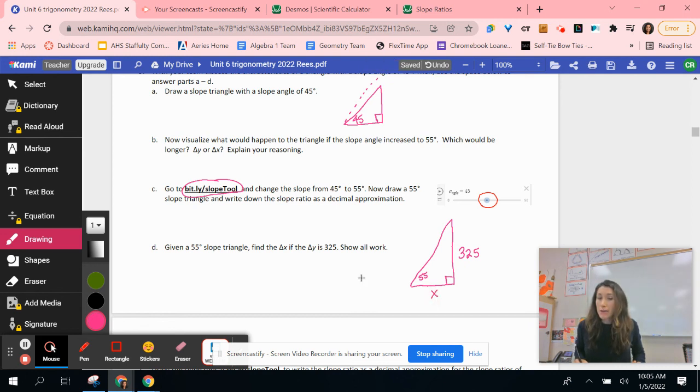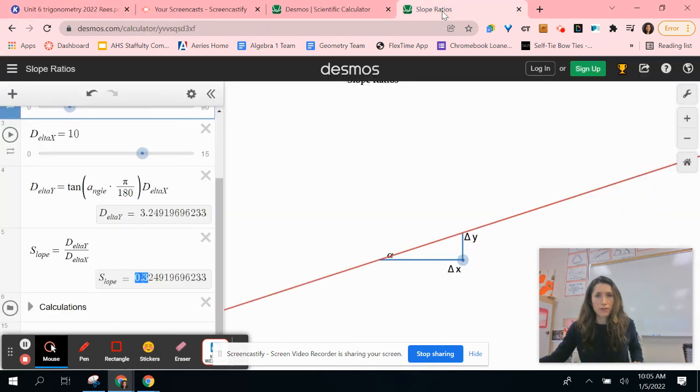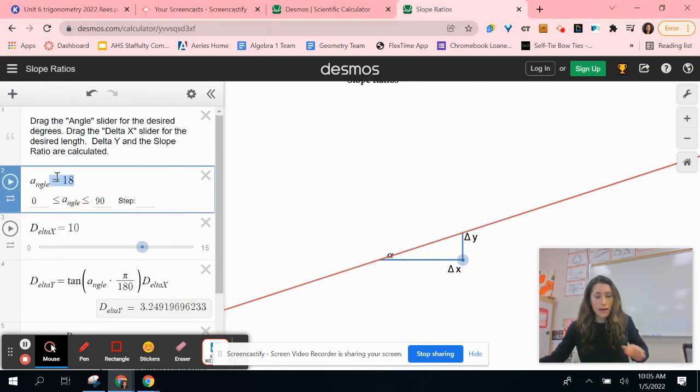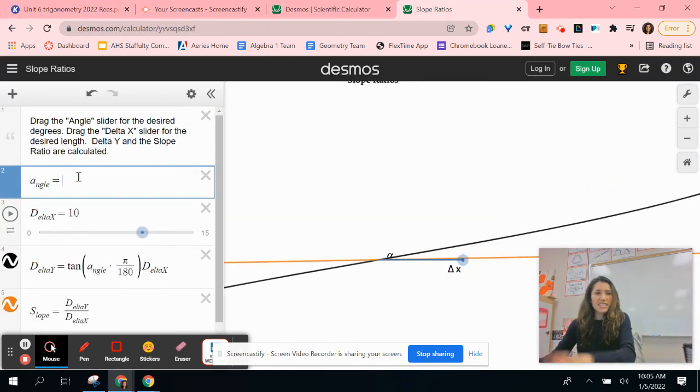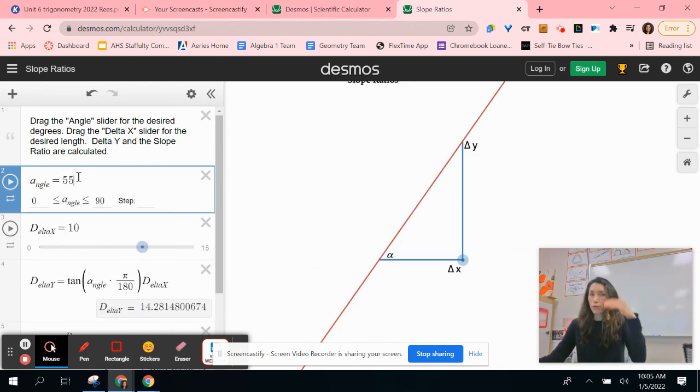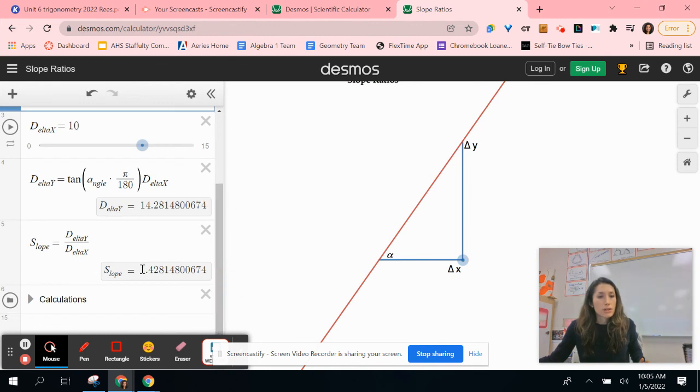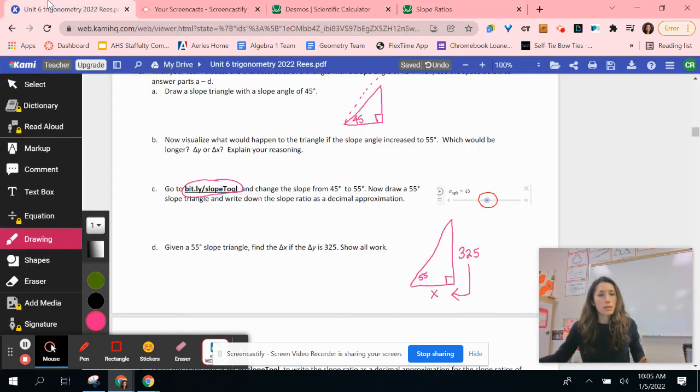So remember, anytime in a slope ratio, you put these two numbers, so 325 over X. And what is our slope ratio for 55 degrees? Well, let's put it back to 55. And instead of having it as a fraction, like 1/3 or 2/5, it's just giving us a decimal. So this is going to be 1.428, and we're going to keep using 3 decimal places.